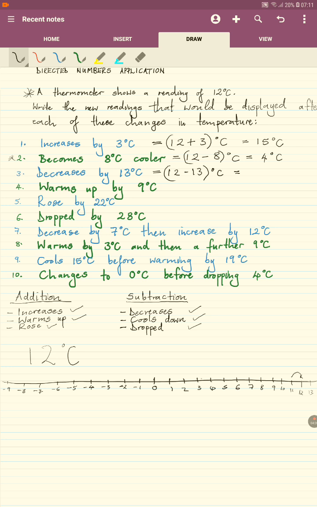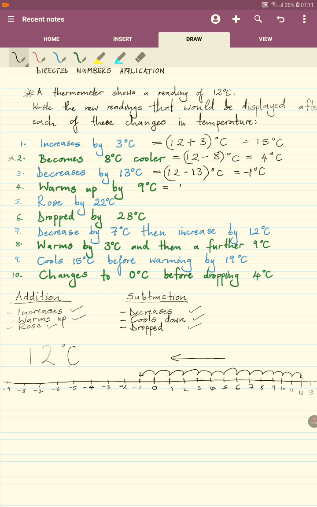I say 1, 2, 3, 4, 5, 6, 7, 8, 9, 10, 11, 12, 13. Remember, we said subtraction is movement to the left, so that's what I am doing here on the number line, and you're going to get your answer, which is minus 1 degrees Celsius.